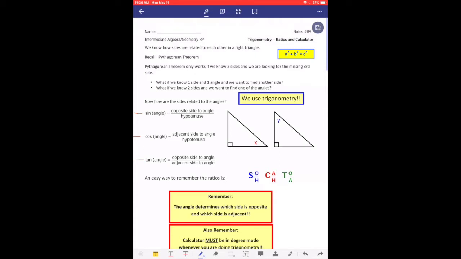And they're all written in ratios. So before we start to label and go over those ratios, just to review our vocabulary: adjacent. You see the word adjacent, it means next to. Opposite means across from.